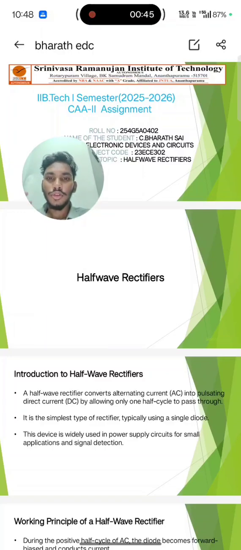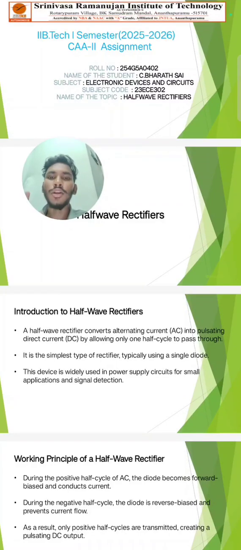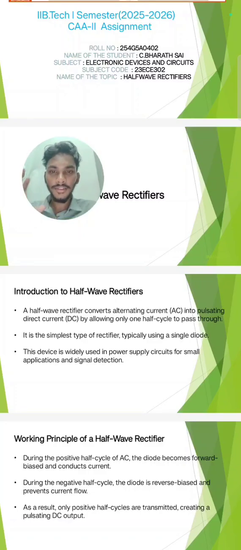I want to introduce some theory about the half-wave rectifier, starting with its definition. A half-wave rectifier converts alternating current, that is AC, into pulsating DC by allowing only one half of the cycle to pass through it.